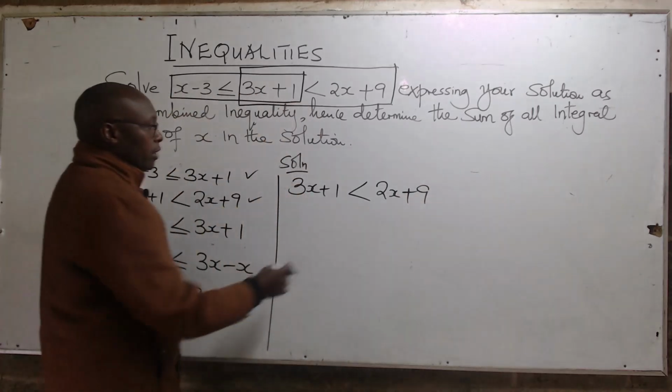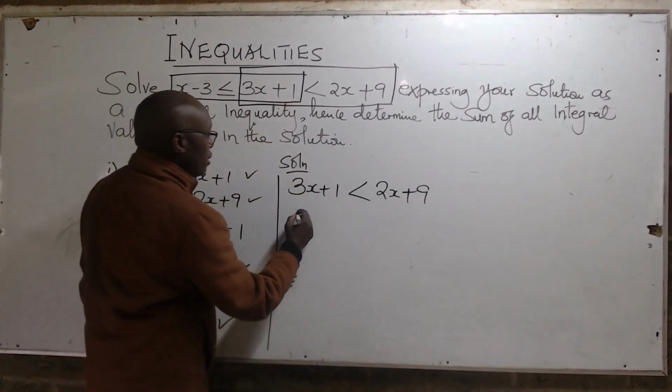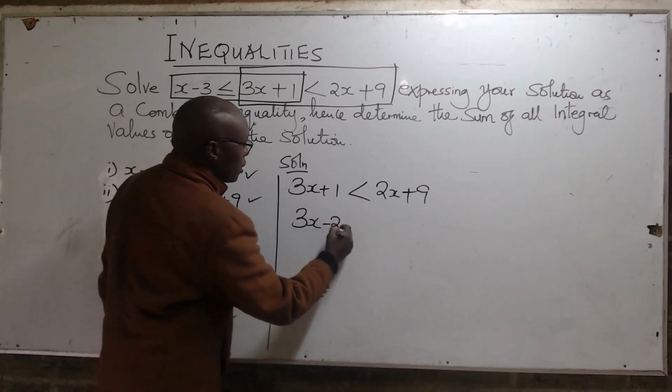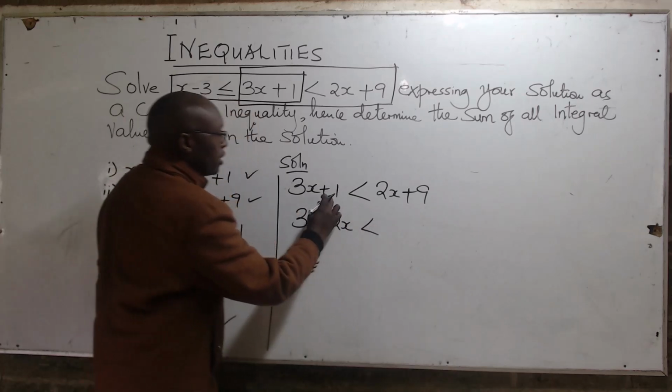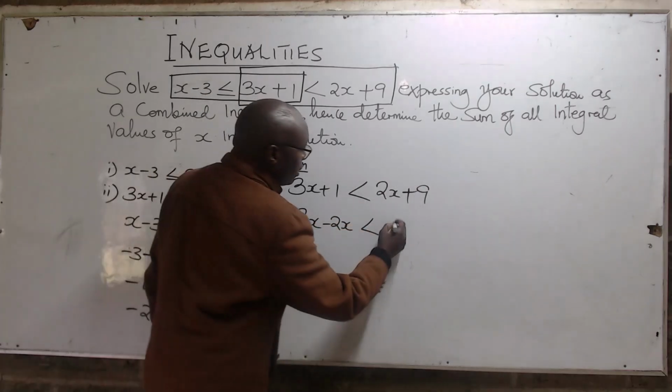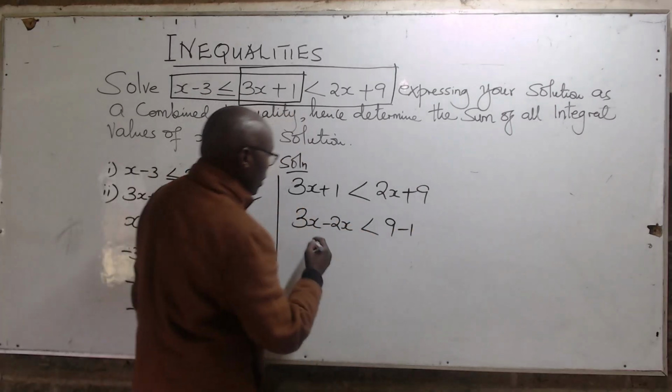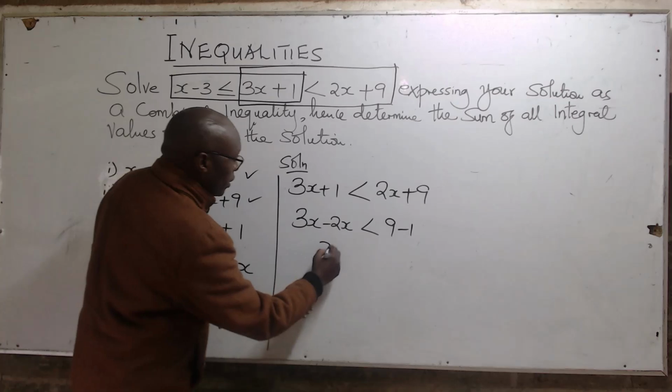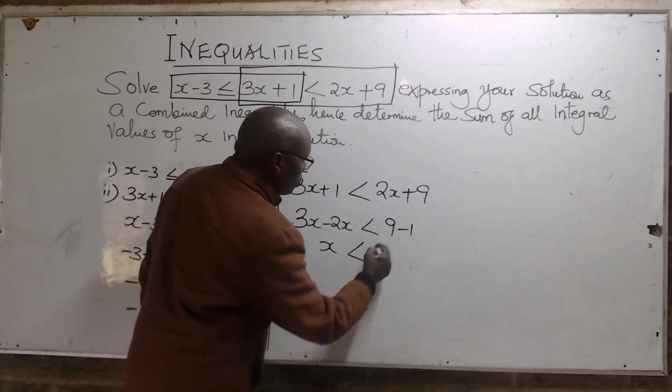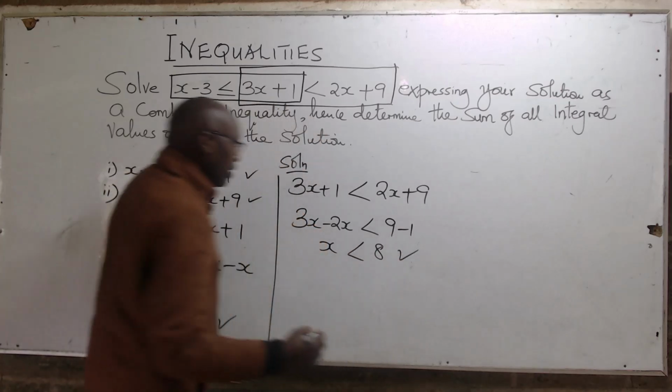Again, I'll bring this 2x to this side, so that I have 3x subtract 2x less than, I take positive 1 to the other side, so that I'll have 9 minus 1. So 3x minus 2x, you get x less than 8. So that is the other solution.